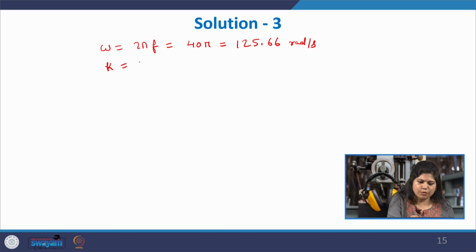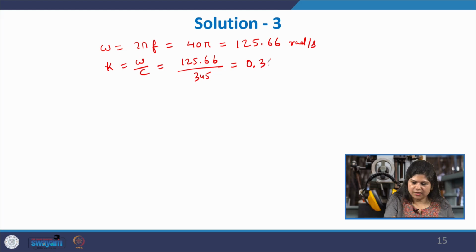And k is omega by c, which is 125.66 divided by 345. It comes out to be 0.3642 radians per meter. So, omega and k we have obtained.